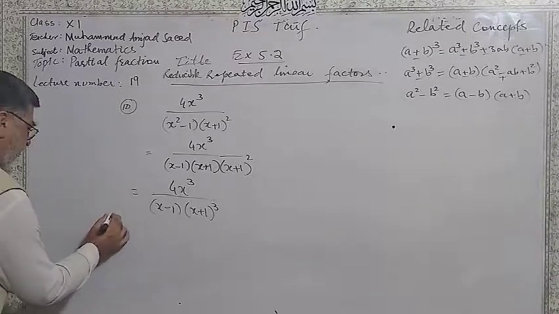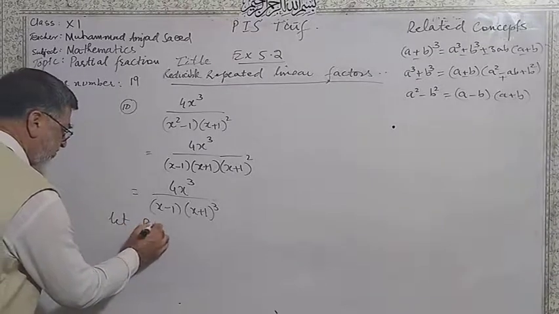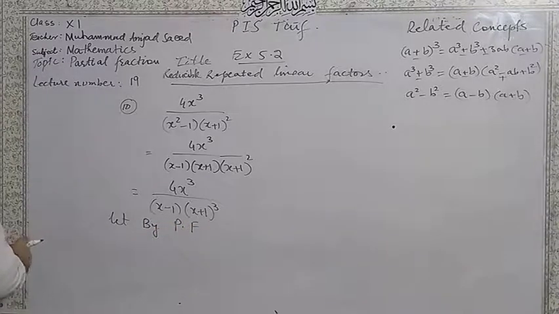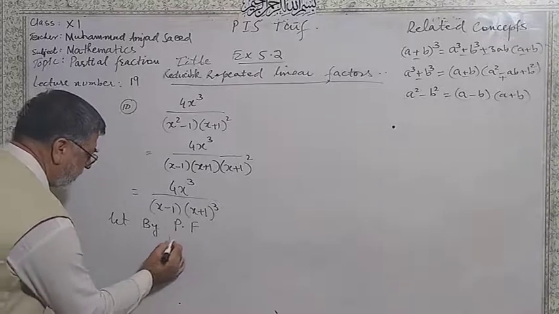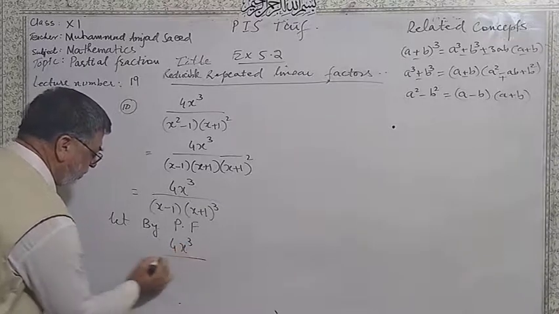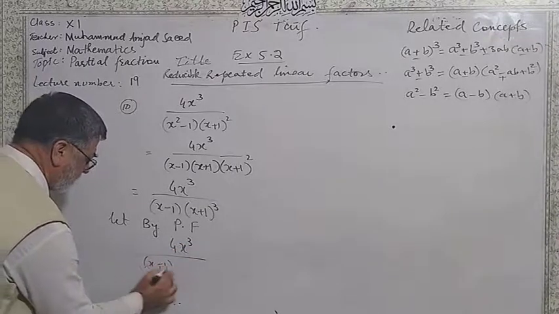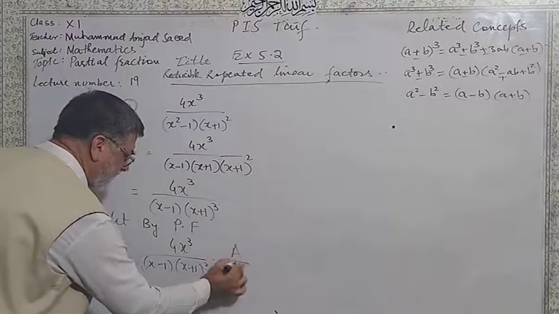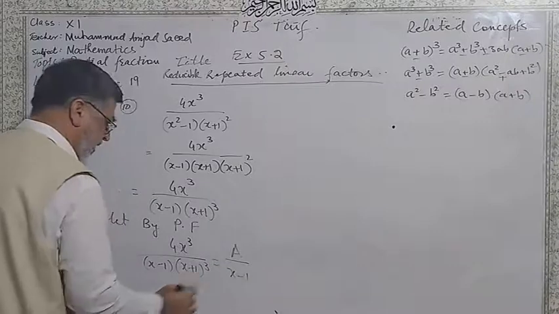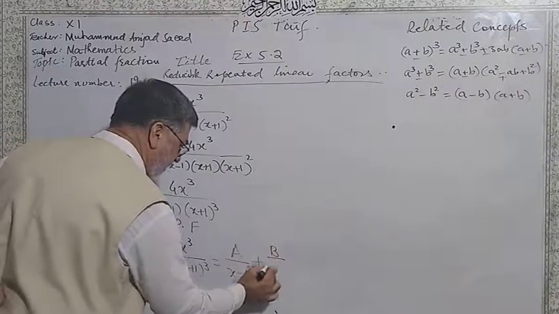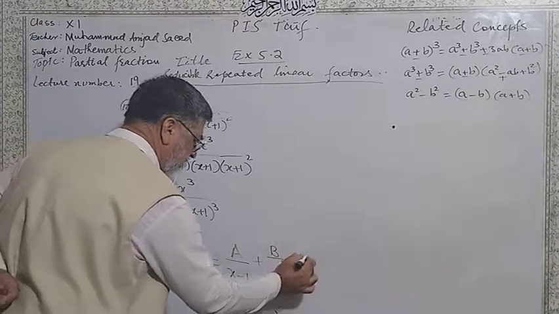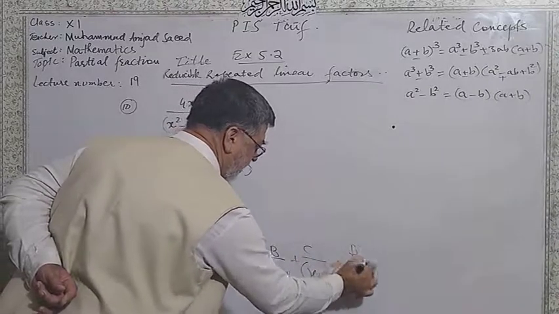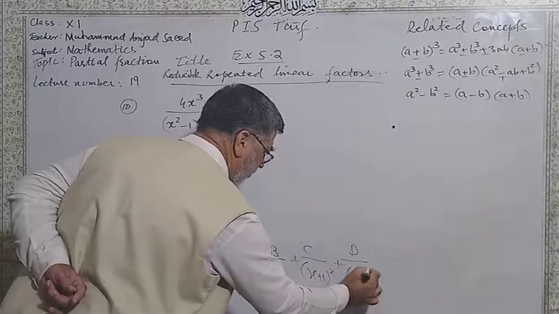Let by partial fraction, we can have 4x cube over (x minus 1)(x plus 1) whole cube, that is a over x minus 1, plus b over x plus 1, c over (x plus 1) square, and d over (x plus 1) cube.